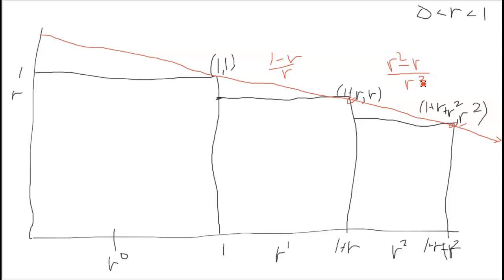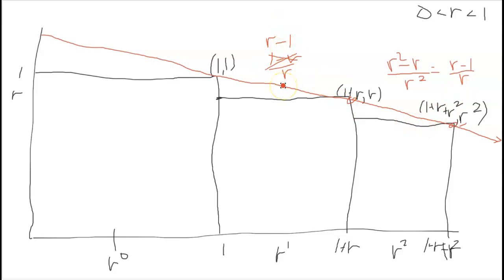Ah, but look at that. That has an extra r in every term. So we factor the r out of the top and the r out of the bottom, and we get r minus 1 over r. Oh, I made the same mistake back here. Sorry. r is the small number. 1 is the big number. So the rise is r minus 1.